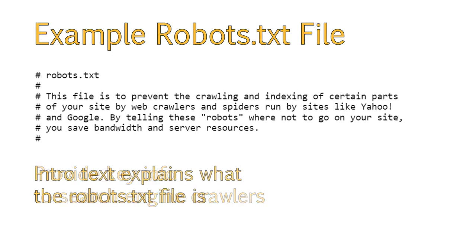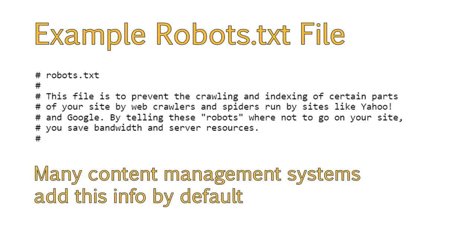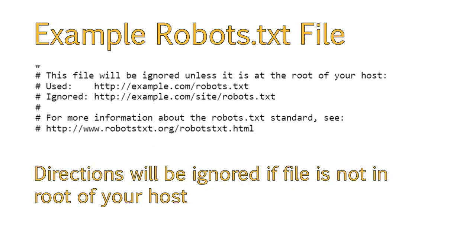First is the introductory text that explains what the robots.txt file is. This information isn't necessary, but many website content management systems include this information by default. You will also see here that the file points out that these instructions will be ignored unless it is placed at the root of your host.